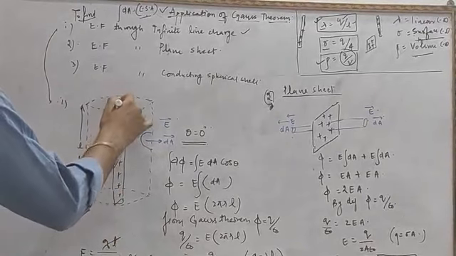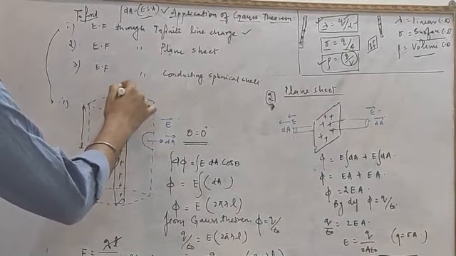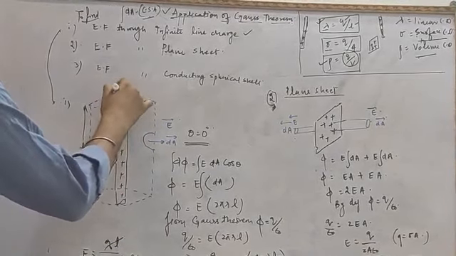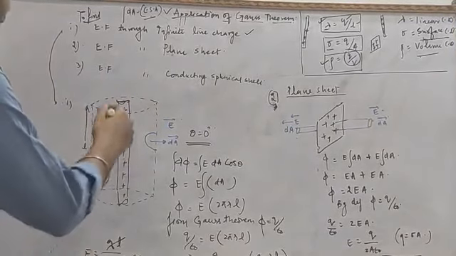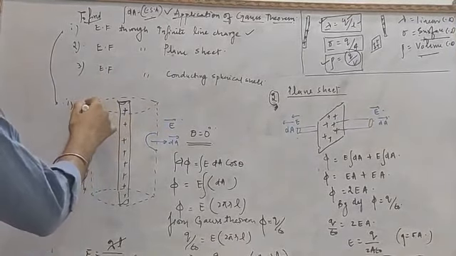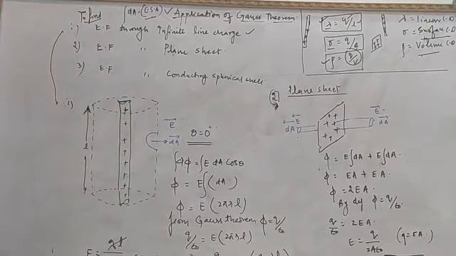Suppose we have an infinitely long line charge. Suppose we have taken a line charge of length L, of charge density lambda. Infinite can also be taken.